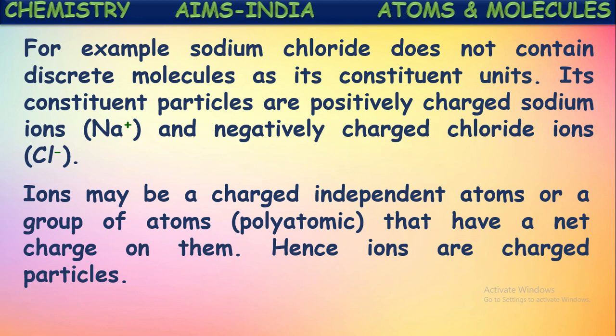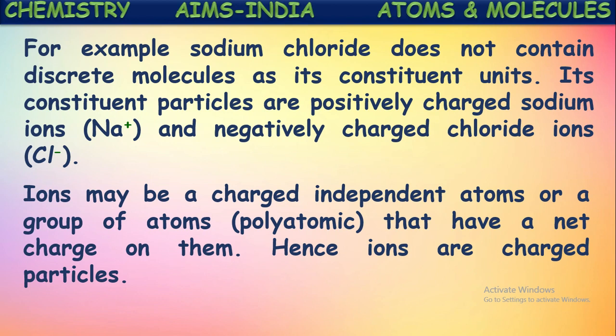Ions may be charged independent atoms or a group of atoms that have a net charge on them. Yes, ions or radicals are the charged independent atoms or groups of atoms. A group of atoms is polyatomic, which we said are radicals, that have a net charge on them. If it is a single atom, the charge will be shown there.